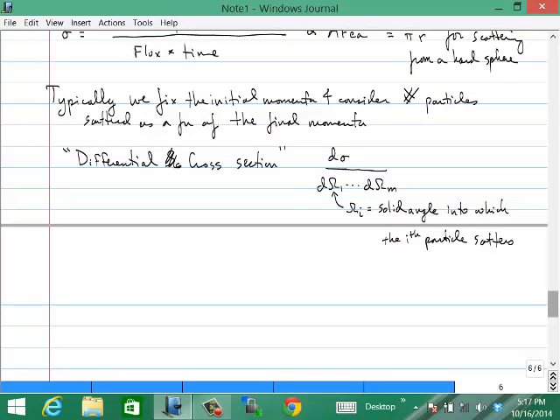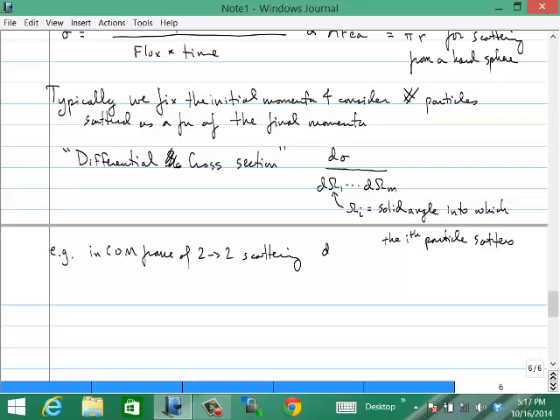And typically, this cross-section is constrained by kinematics, in the sense that the final angles into which these particles will scatter are constrained by kinematics. Okay? So for example, for 2-to-2 scattering in the center of mass frame, we really don't need to consider d sigma by d omega 1 and d omega 2, where you have the solid angles of all of the different possible final states of the particle.